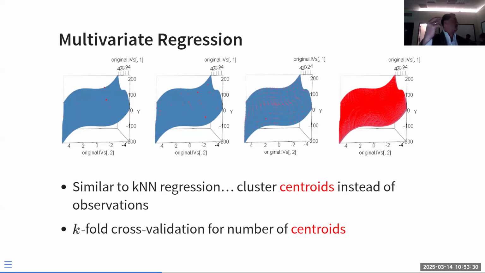As I increase the order of partitioning, you have more and more of these centroid means until finally you have a perfect fit. The multivariate regression is similar to a KNN, K nearest neighbors regression, but it's doing it on centroids, not observations. And then I built a function to cross-validate the number of centroids to use for inference and stuff like that.